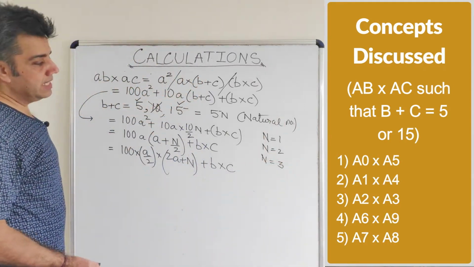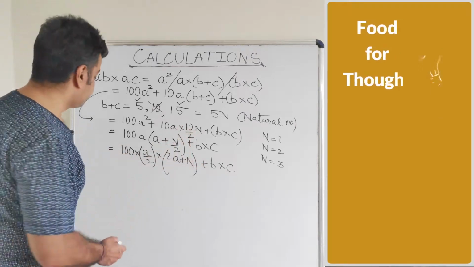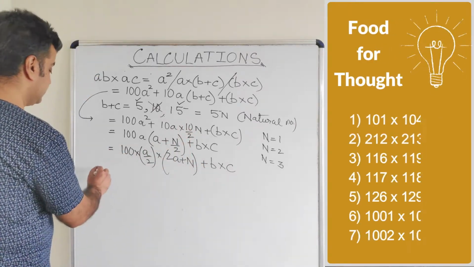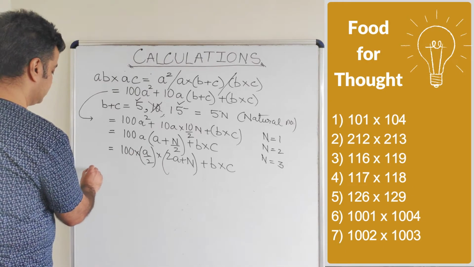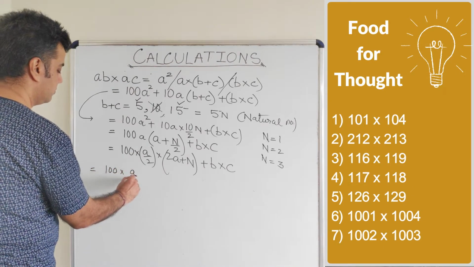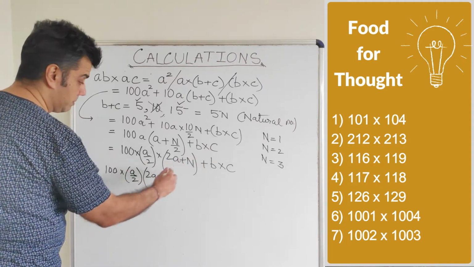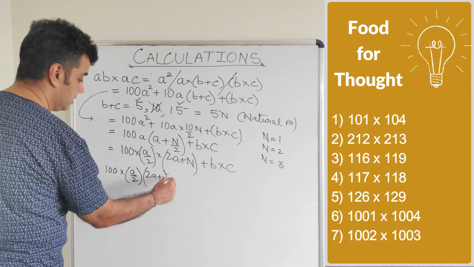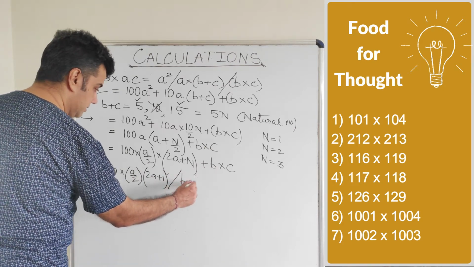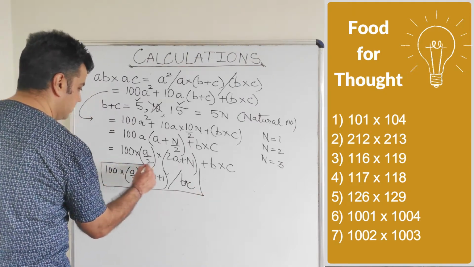In all these 3 cases, can I find the generic values? This will be nothing but 100 times a by 2 times 2a plus n, which is 2a plus 1 when the value of n is 1, followed by b cross c. This is the formula that you work out.